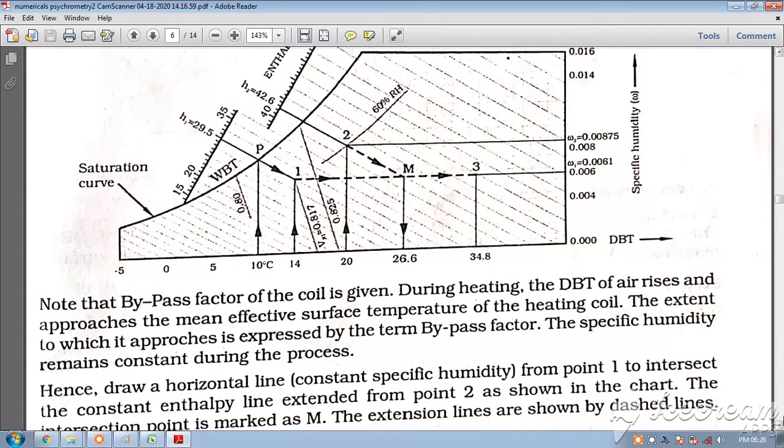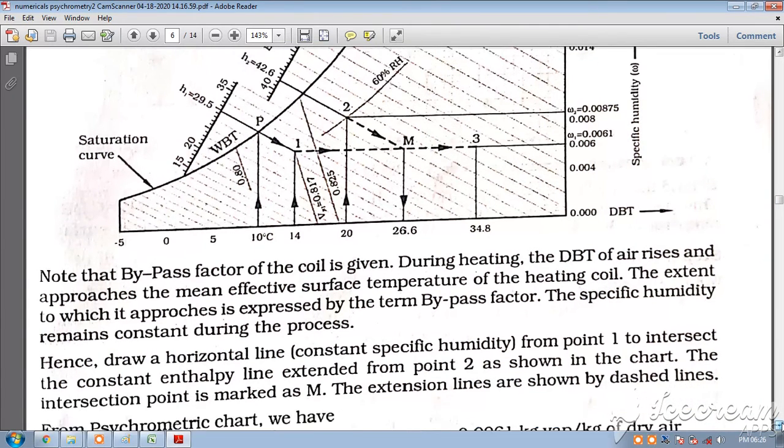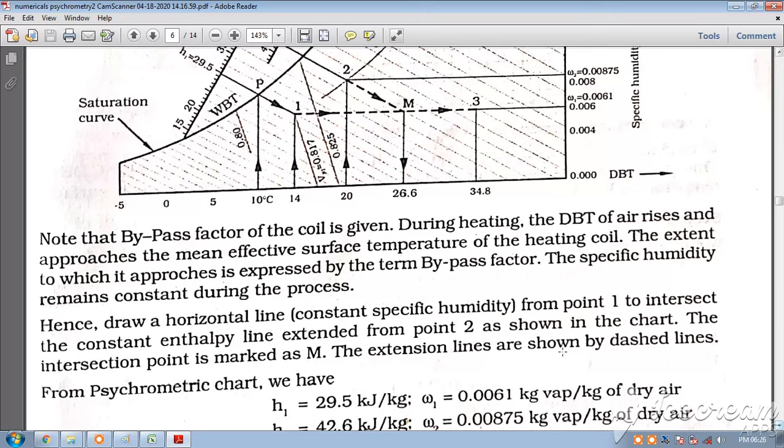Now you will see the bypass factor. Here he has given a factor called bypass factor. During heating, the dry bulb temperature of the air rises and approaches the mean effective surface temperature of the heating coil. The extent to which it approaches is expressed in terms of bypass factor.